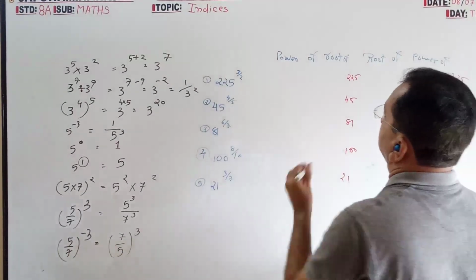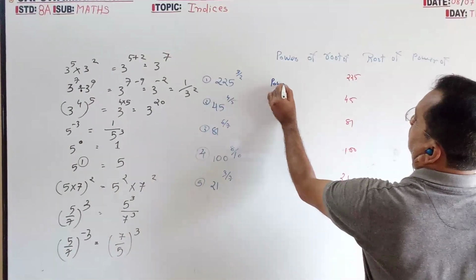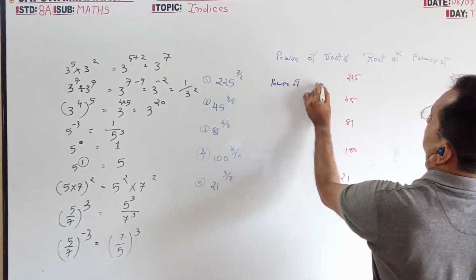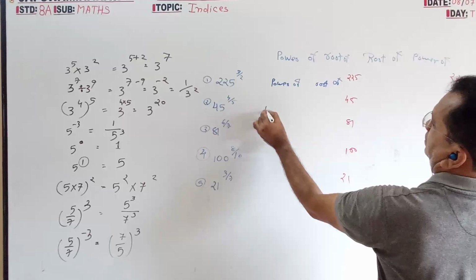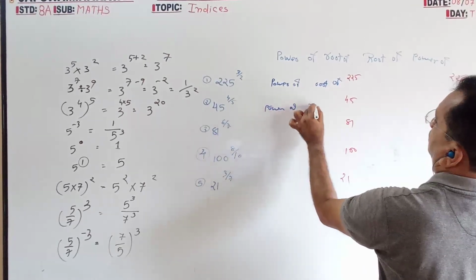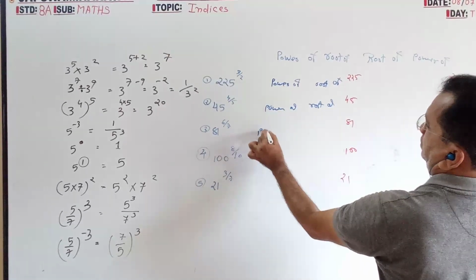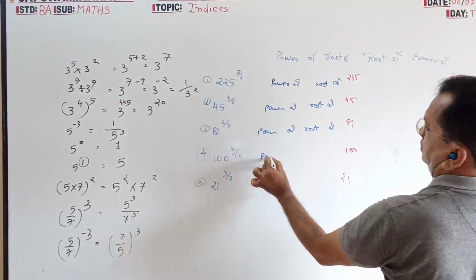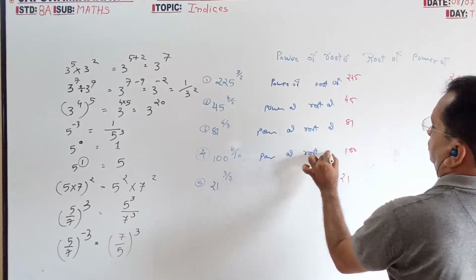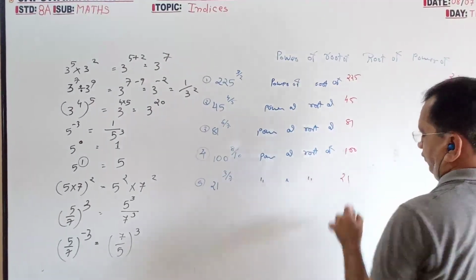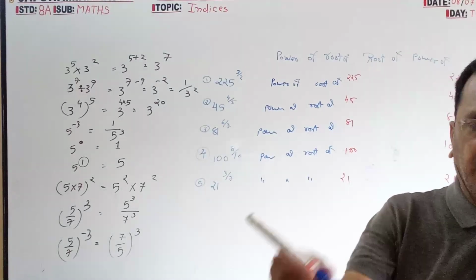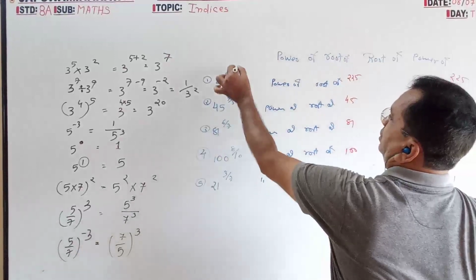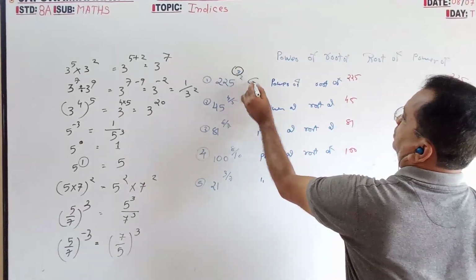Now, power of root of power of root of. How to get the answer? Power means upper, you have to write cube.